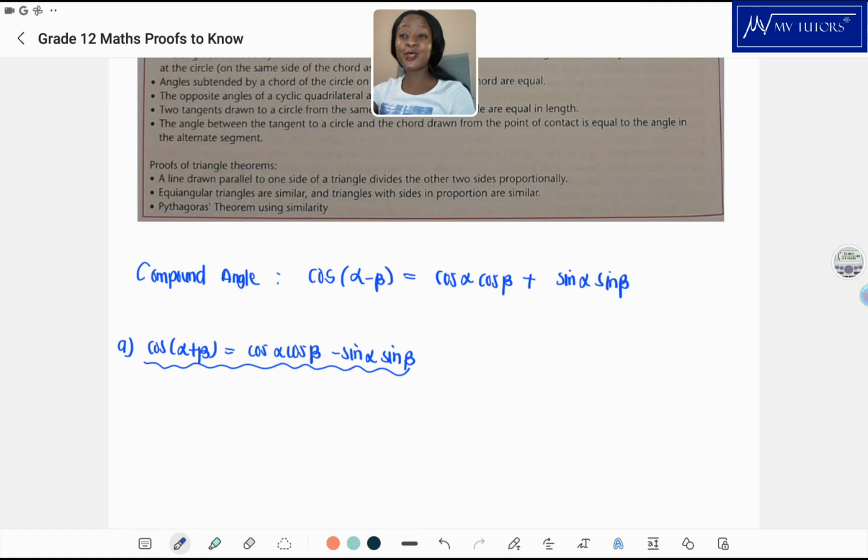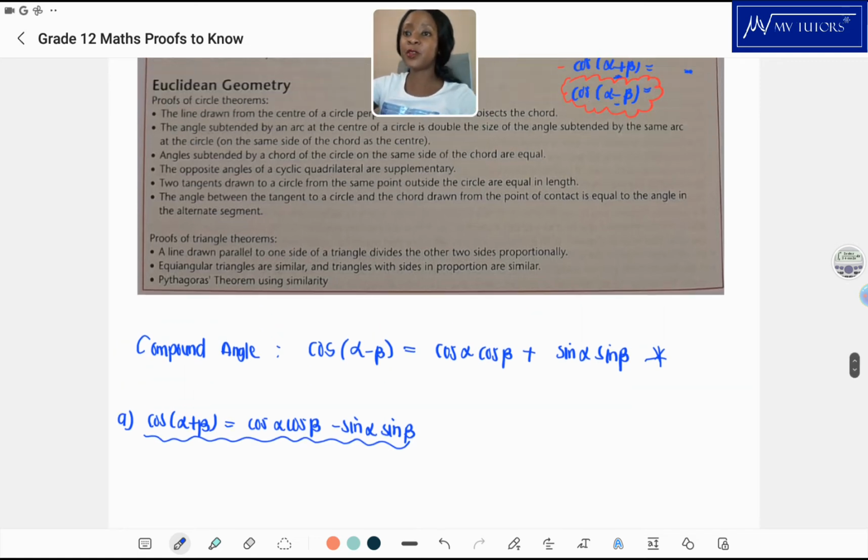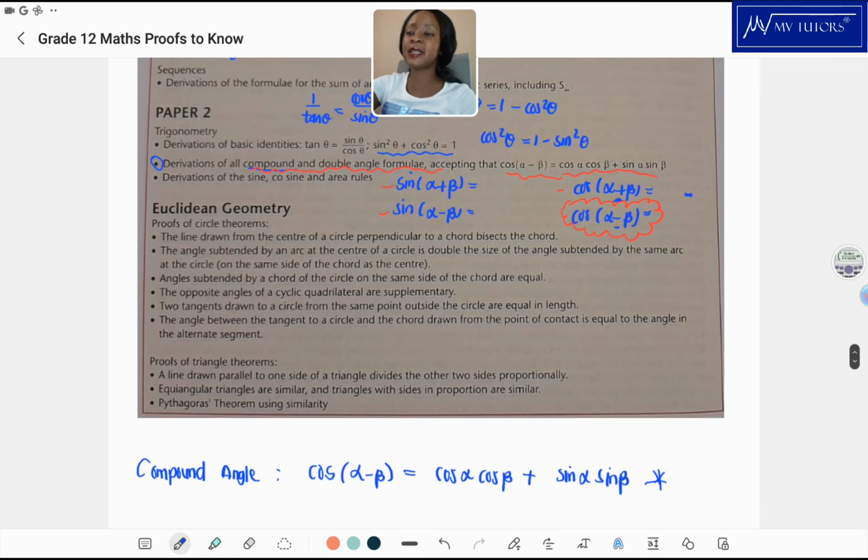For you to actually prove this one, it's going to take forever, and that proof is actually not examinable. If we just recap here, it says derivations of all compound and double angle formulae, accepting that cos alpha minus beta is equal to cos alpha cos beta plus sine alpha sine beta.